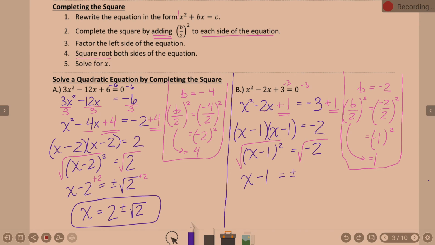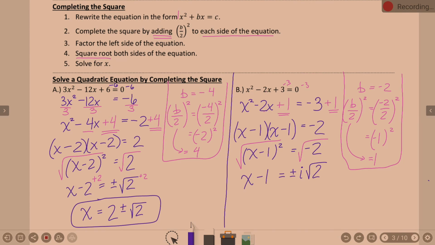Negative 2. 2i. Yeah, you're right. What's the square root of the negative? I. What's the square root of 2? Square root of 2. You can't just say 2. So this is going to be i square root of 2.